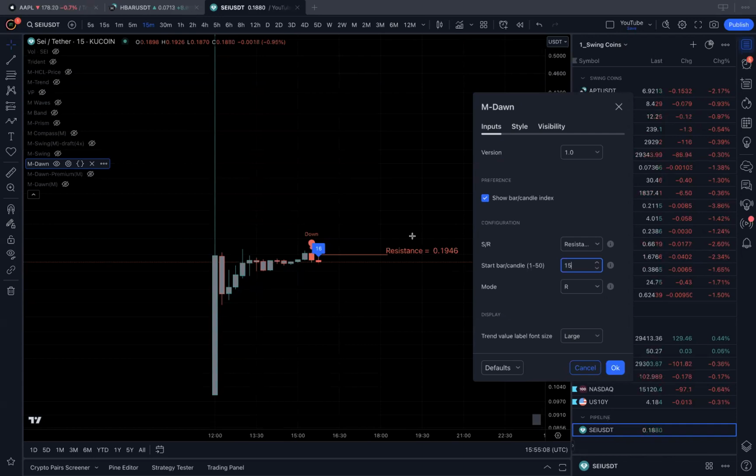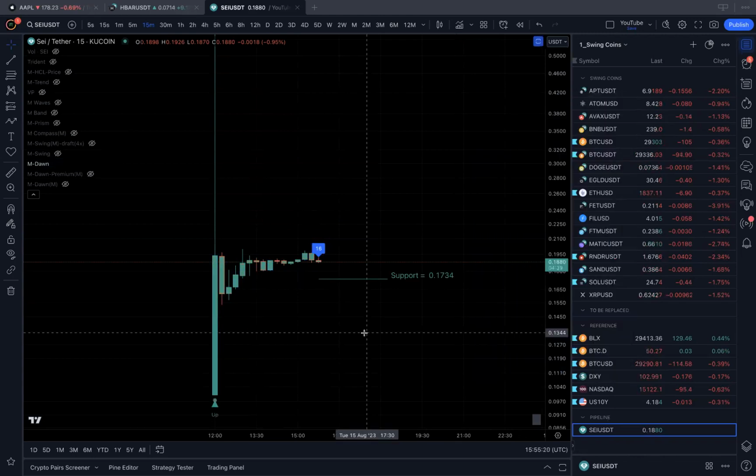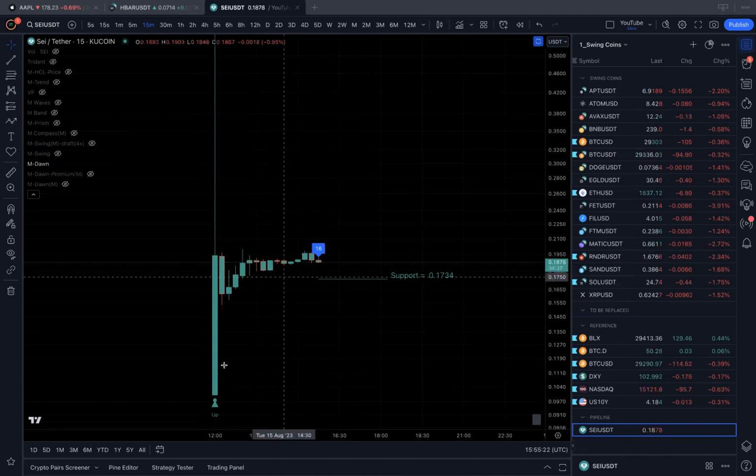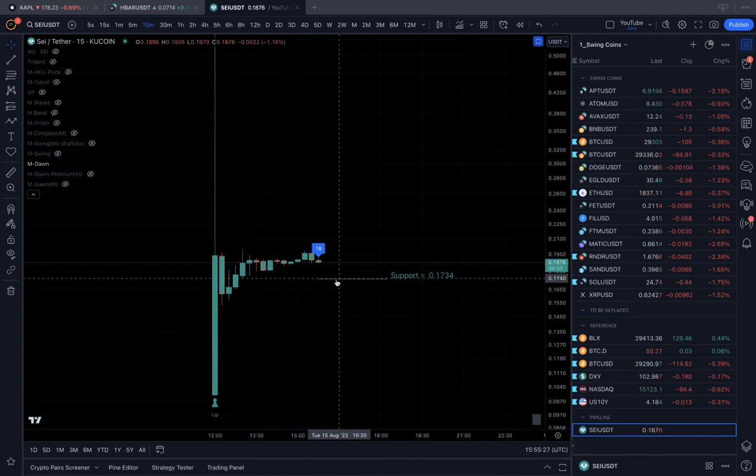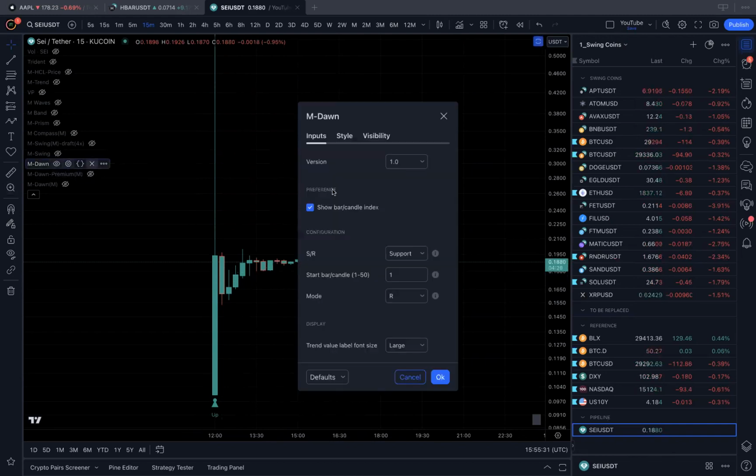But if it goes down like this, then this number will tell you the required level. Right now, this is important because it started and is moving up, so I'm interested to know what support it should maintain. So that's how it is.